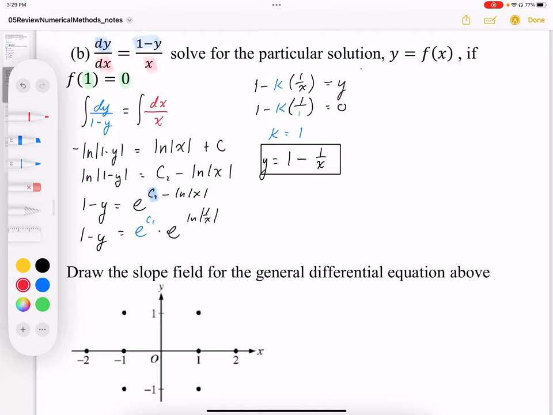An alternative would be we can solve for that plus c in this way here. We could just plug it in. And in fact, since that c is a multiplier, I'm going to do this. I'm going to have negative log of 1 minus y. So just so that you know where I'm pulling this from, I'm just going to pull it from here. Negative log of 1 minus y equals log x plus log k.